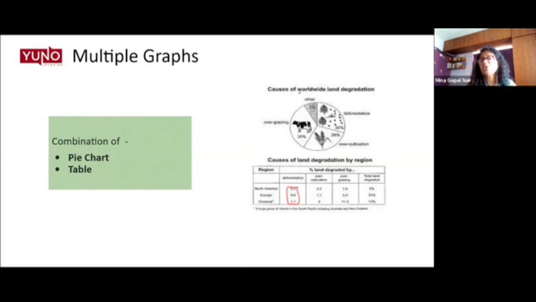This tells you about the causes of worldwide land degradation, and this talks about the causes of land degradation by region. So these were just examples of combination graphs or multiple graphs, as we call them.